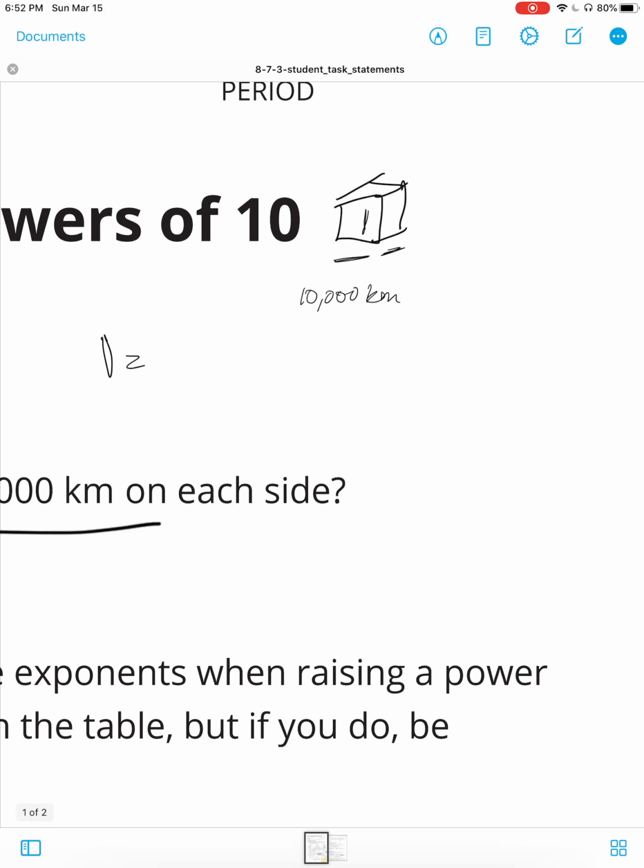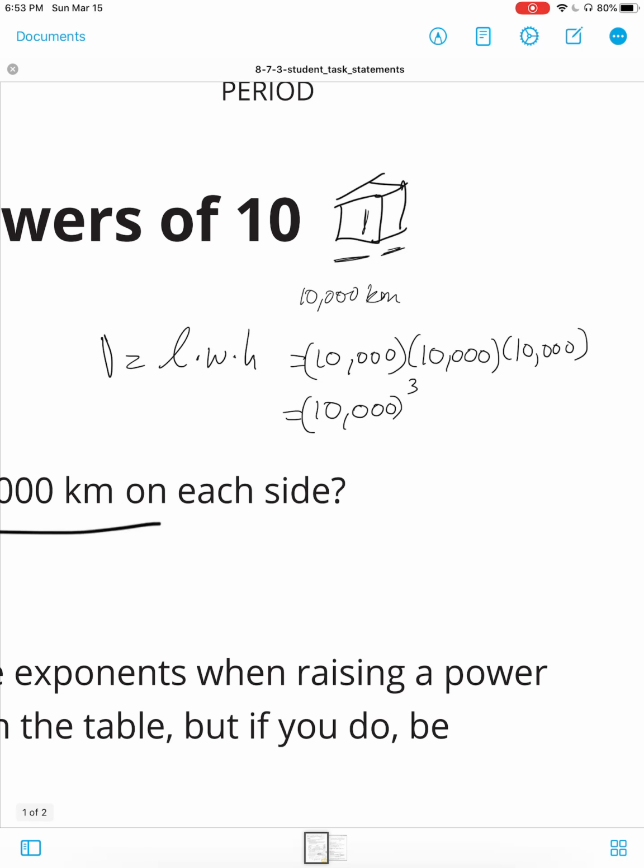And in order to find the volume, we know that's length times width times height. Each of these, since it's a cube, is 10,000. 10,000 times 10,000 times 10,000 is 10,000 to the third power.